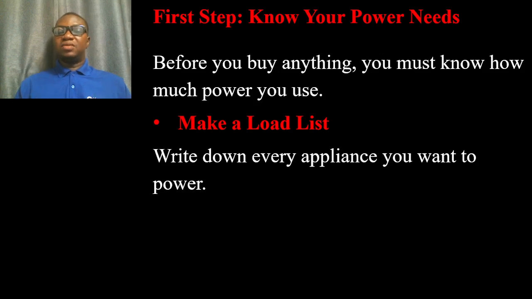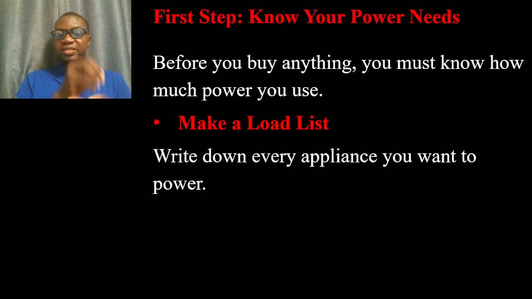Write down every appliance that you want to power. Sometimes you may want to install a solar system to power certain loads and not others, depending on your finance. Maybe you want a solar system that will not be powering your freezer, but will just power your bulbs, fan, TVs, and so on.